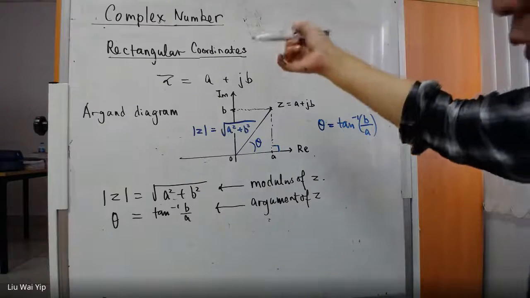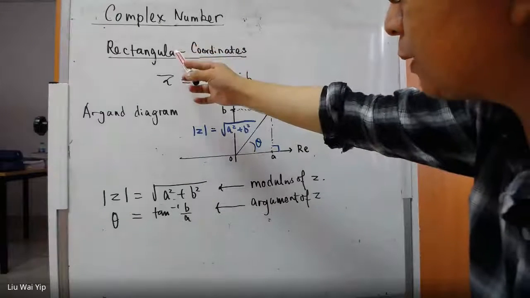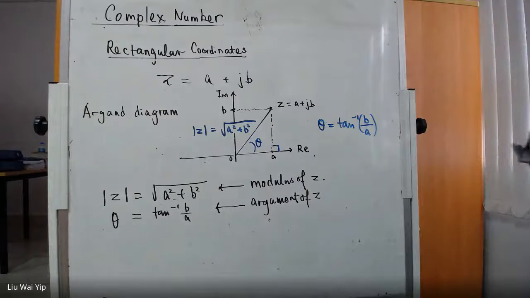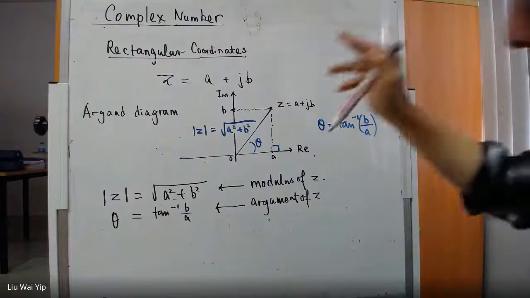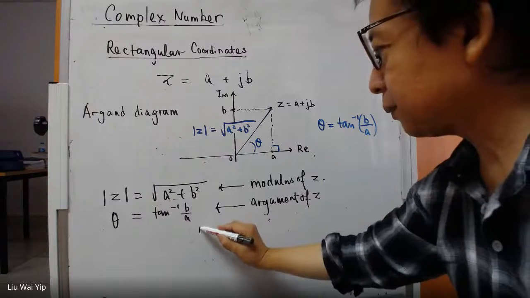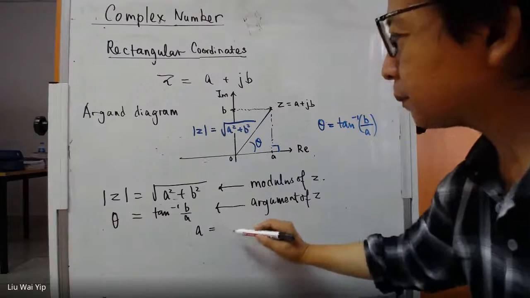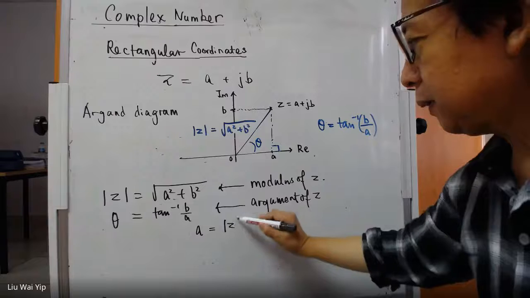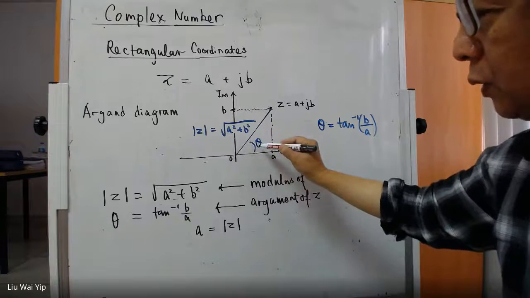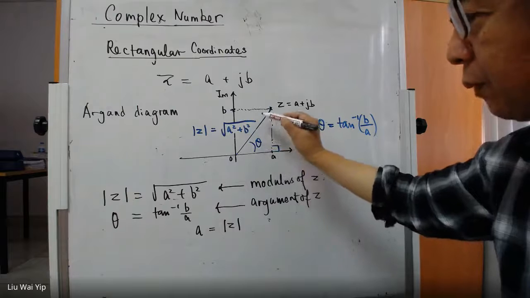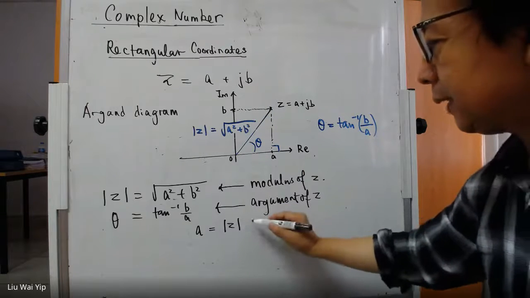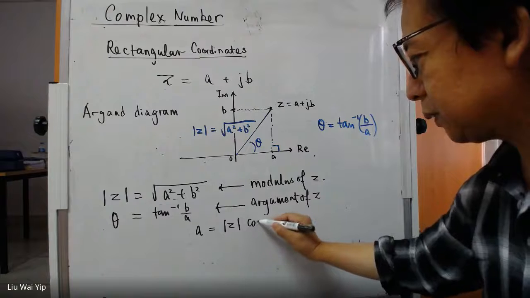You have now learned the rectangular coordinates form of a complex number, and you also need to learn another form. Here, A is going to be the length of the hypotenuse times cosine theta. The length here is the modulus of Z, and then cos theta.